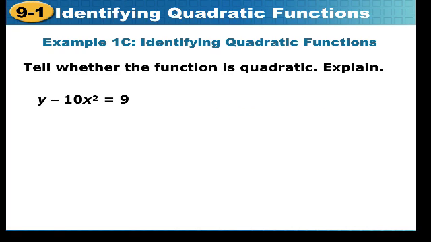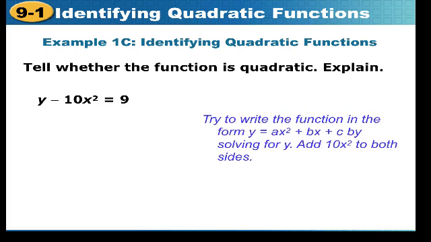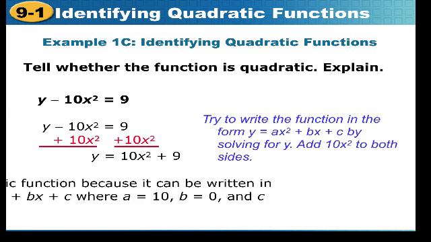Tell whether the function is quadratic. Explain. y minus 10x squared equals 9. Try to write the function in the form y equals ax squared plus bx plus c by solving for y. Add 10x squared to both sides.